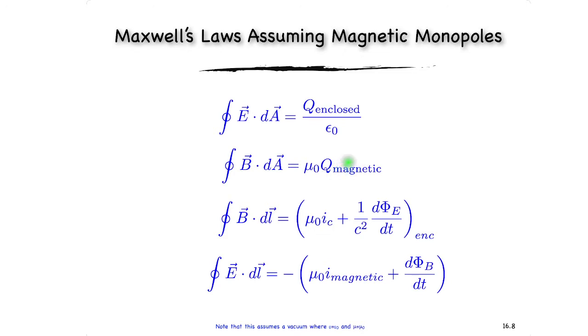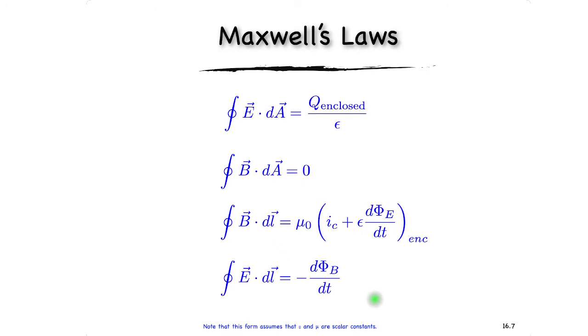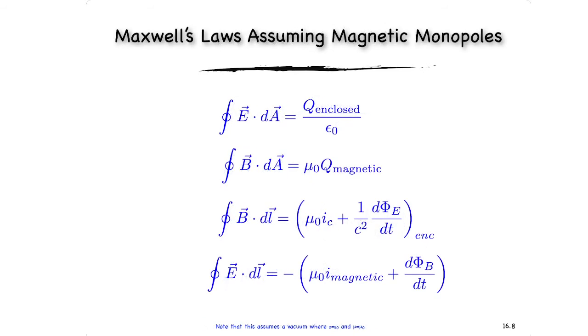And if there's no magnetic charge, then there also can't be a magnetic current. You can't have a flow of magnetic charges if there's no charges. So this term, I magnetic, becomes 0. And we go back to this form right here. So this is the form of Maxwell's equations that we use, but we can see how related they are when we imagine what they would look like if there were magnetic charges.